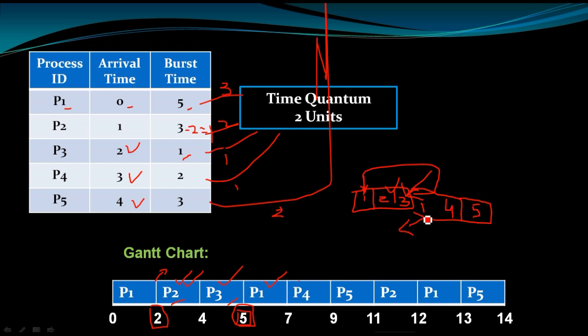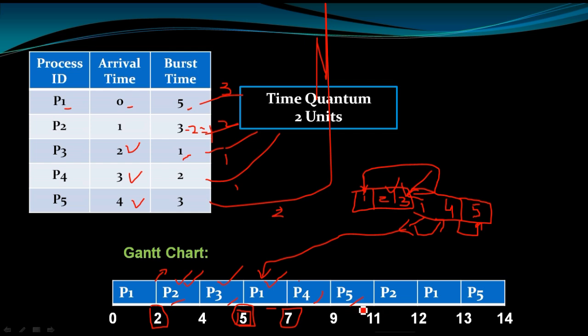So P1 will get the next time quantum of 2 milliseconds, and on the 7th millisecond it will turn to the fourth process, which gets the next time quantum. After the fourth, the next process in the queue is the fifth, so P5 gets the next CPU burst.